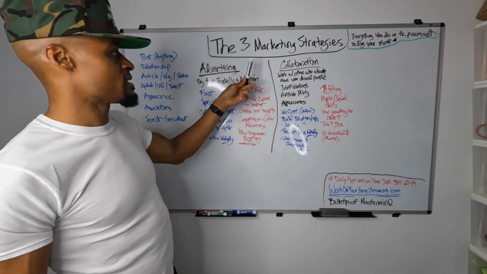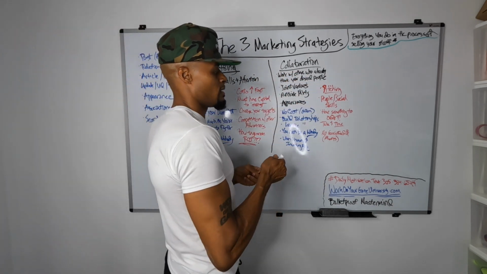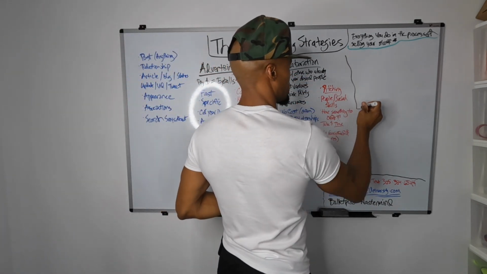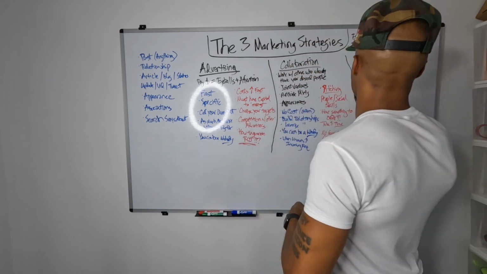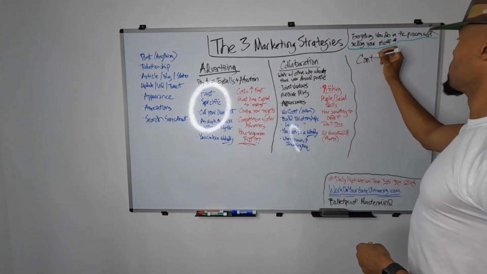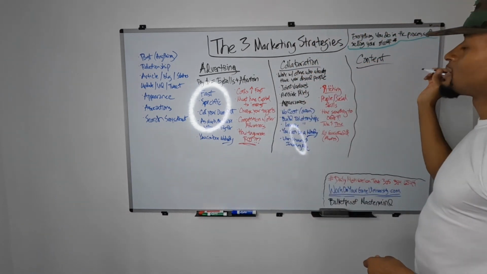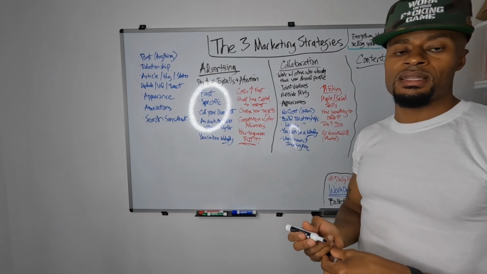So this is the fastest. This is the second fastest. Let's talk about the third way that you can market out here. And that third way is what we are doing right now. That is content. What is content?